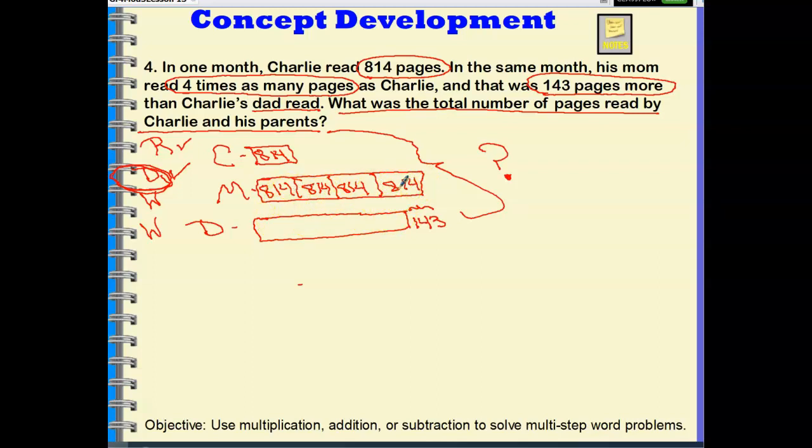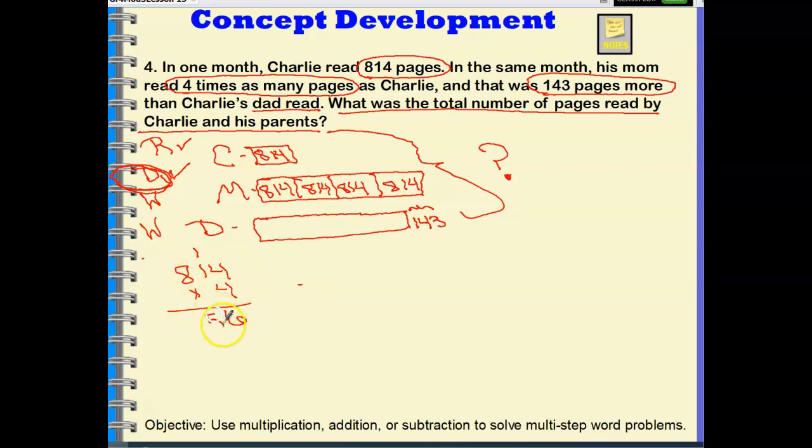Okay, so in order to find out how much Dad read, I have to find out how much Mom read. So I have 814 4 times. So I'm going to multiply 814 times 4. Well, 4 ones times 4 ones is 16 ones. I'm going to leave my 6 in the ones place, and I'm going to take my 10 over to the tens place. 4 ones times 1 ten is 4 tens plus another 10.